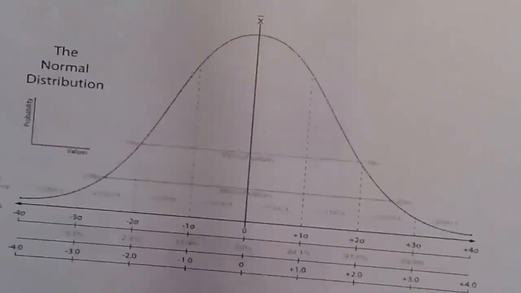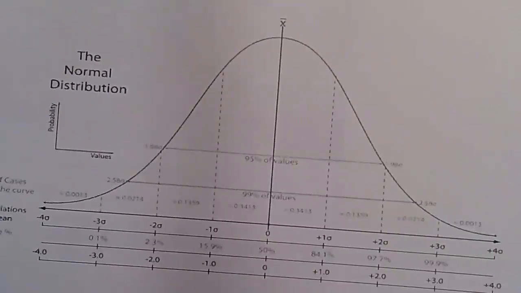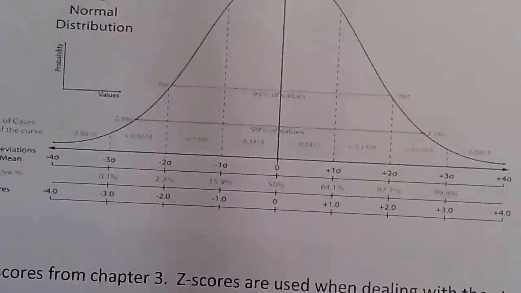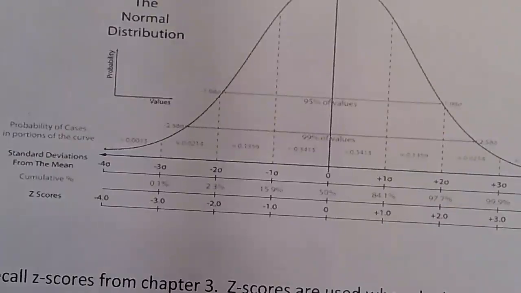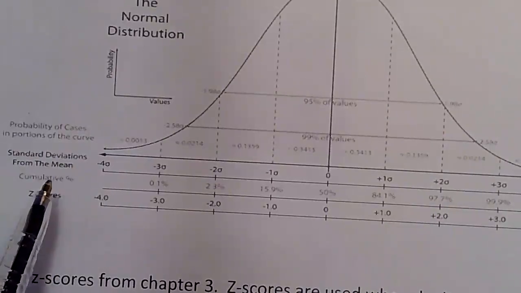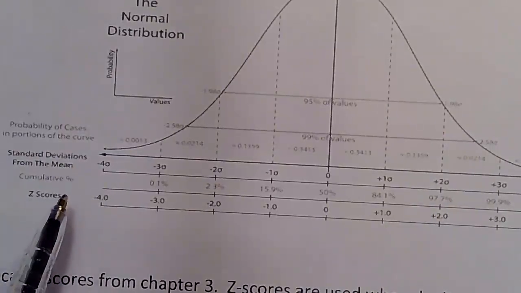Okay, so then you have another chart here. Probability of cases in portions of the curve. Standard deviations from the mean. Cumulative percentage.